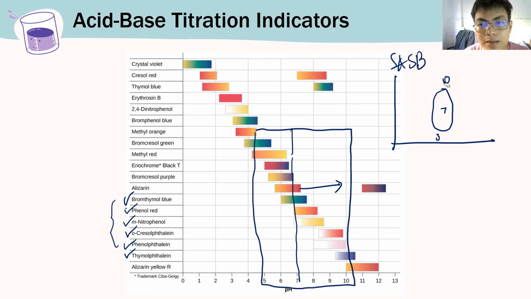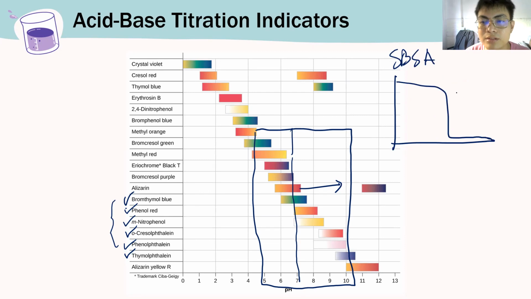Now, paano naman kapag strong base, strong acid titration? Well, around this pa rin. Pero, what you want to do is yung pH below 7 na, kasi acidic na yung pH mo dito. So, you want to choose yung mga indicators that will change color below 7.